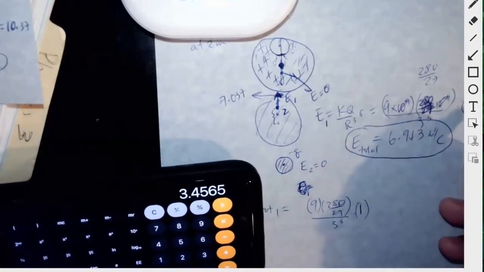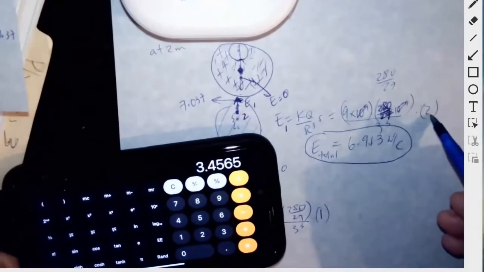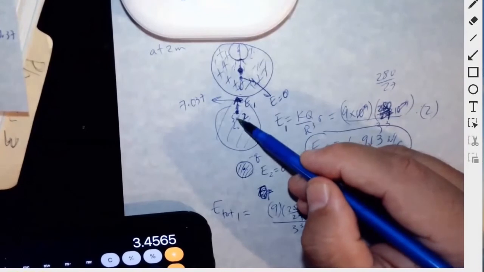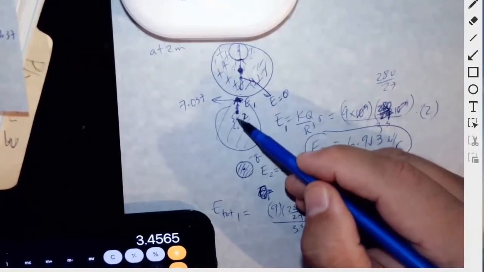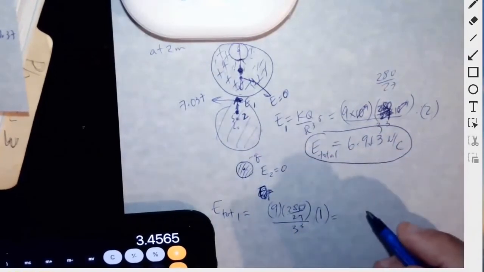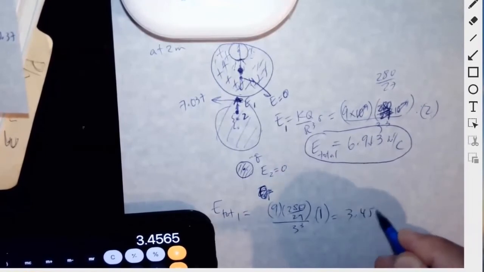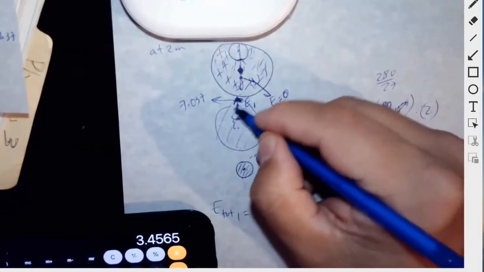Remember that we could use that linearity to our advantage. For a uniform charge density, it's linear. So at 1, it's half of 2, and 3 is 3 times bigger than 1. So it's just going to be 3.4565.